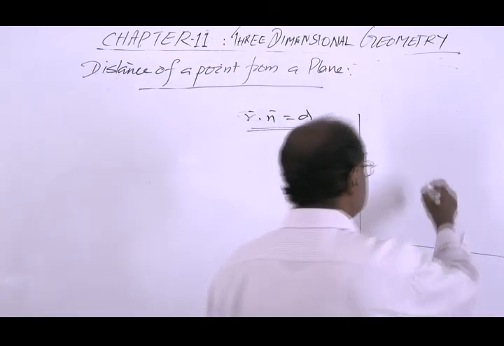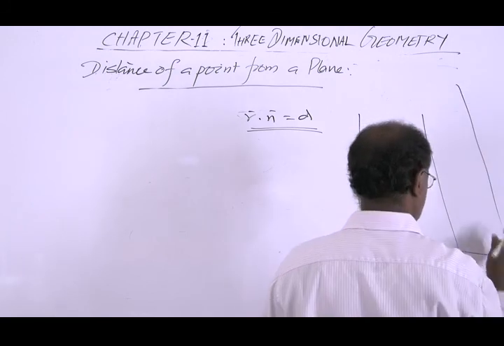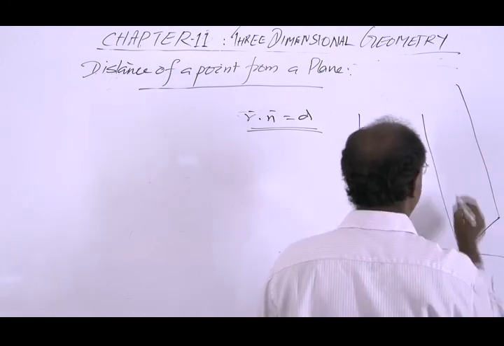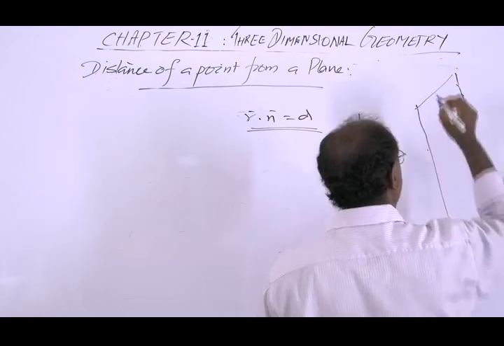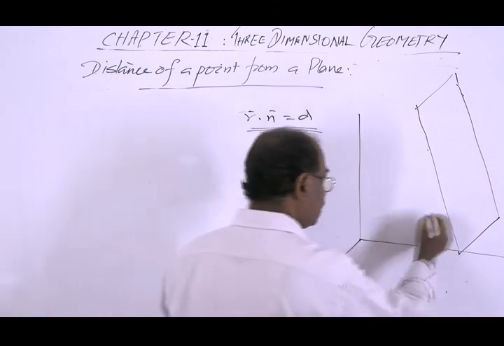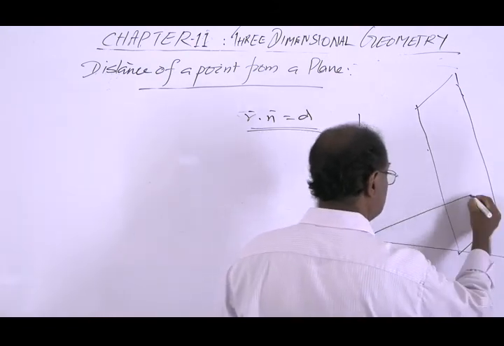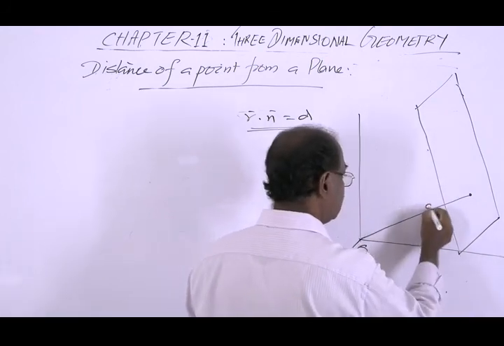And now suppose this is the plane. This is its perpendicular distance from the origin. This is O, which is d.